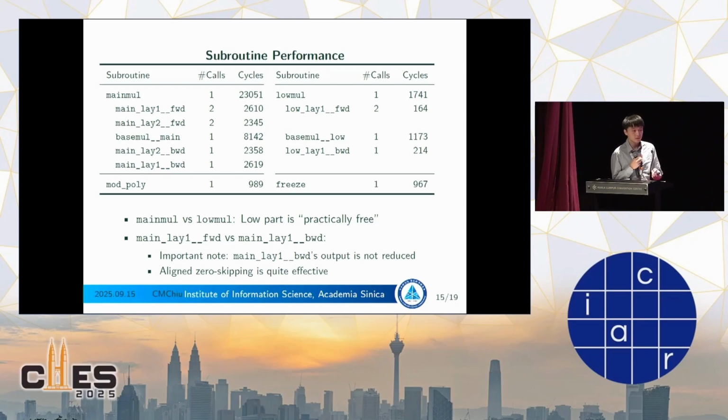This task is deferred into the next subroutine. Reducing all the outputs needs around a few hundred cycles. So if we take this back into account, we see that aligned zero skipping is actually quite effective.